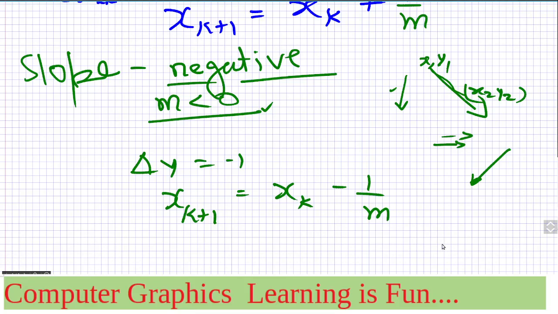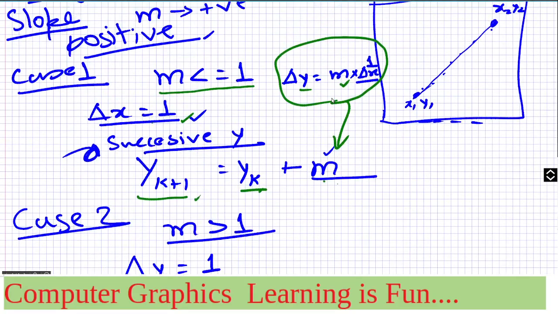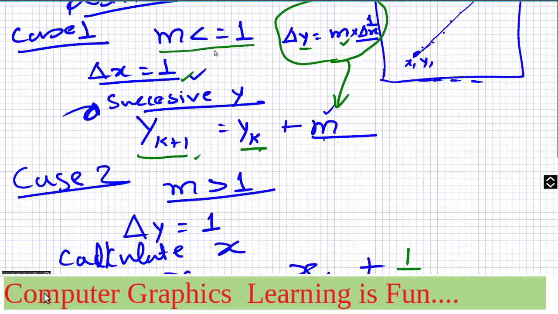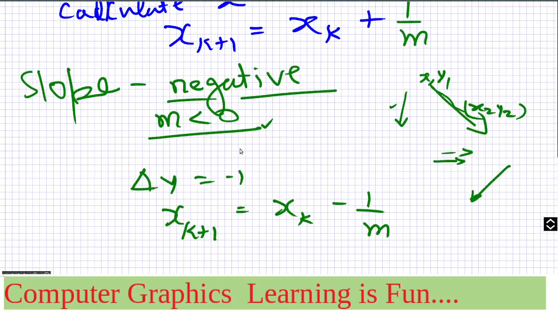Now the slope is negative. So these are the few things that we have to consider here. So if the slope is negative, let me come from beginning again, that the slope was positive. These are the few cases. It is less than 1 or it is more than 1. We did this thing. The same thing here we are doing.